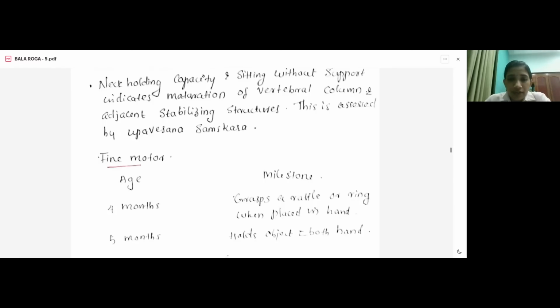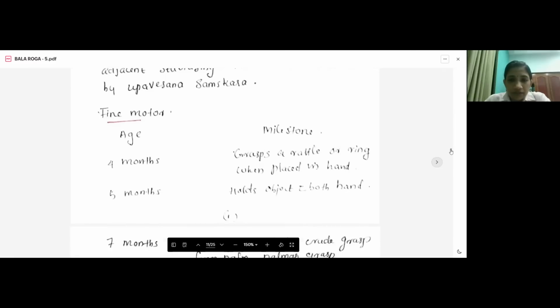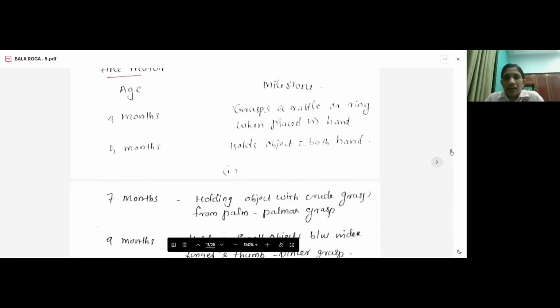Next, that is the fine motor development. In the 1st month, the baby grasps a rattle or a ring when it is placed in his hand. When you observe a baby, you may see that he grasps things, like a ring, when it is placed in his hand.